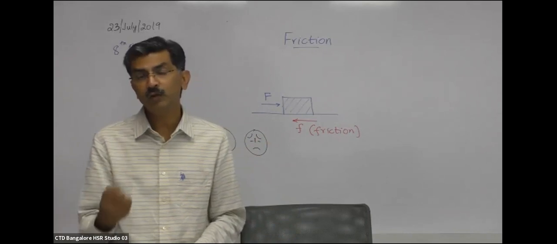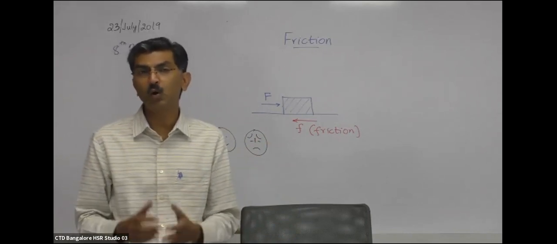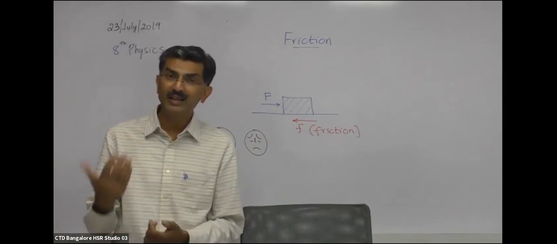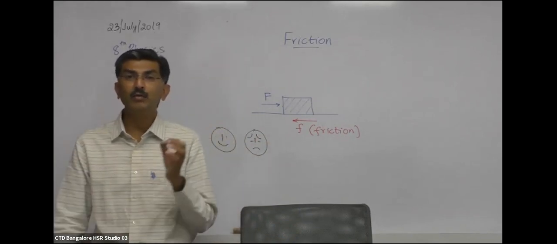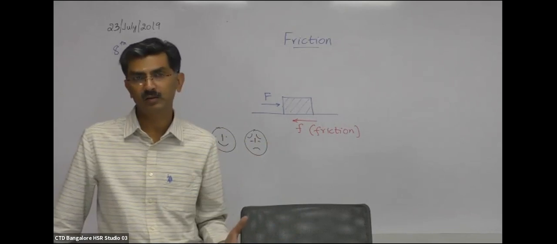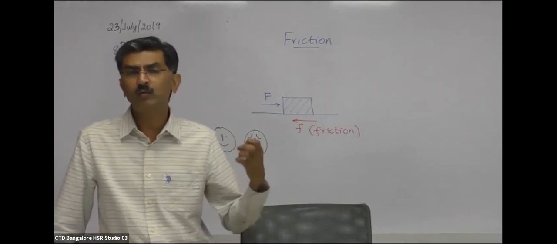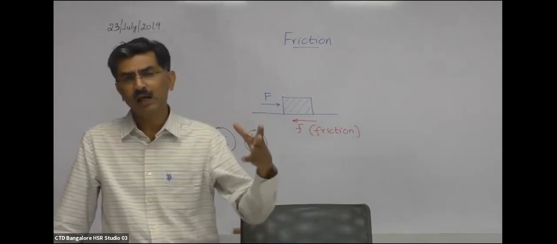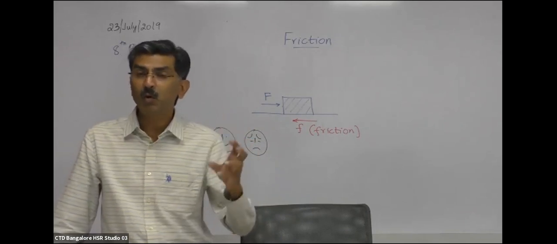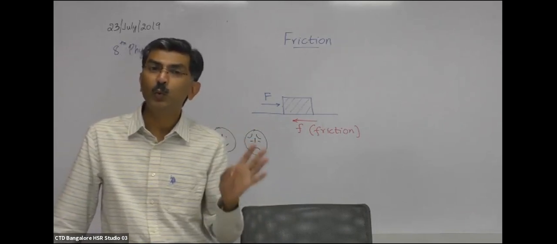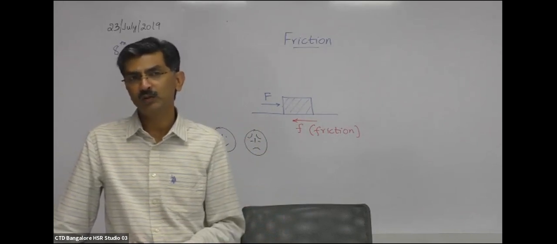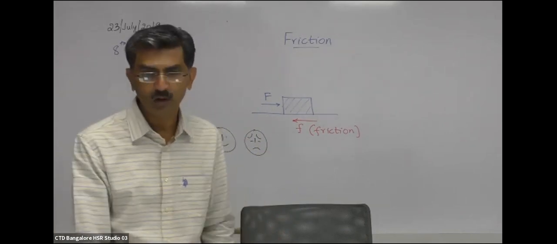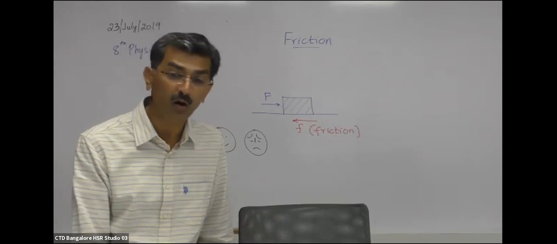So when there is friction between moving parts of a machine, heat is produced. Now that heat energy is a waste of energy. We want energy to be converted from electrical energy to mechanical energy, but some of that energy is getting wasted as heat because of friction. And that is another reason why friction is not a good thing.